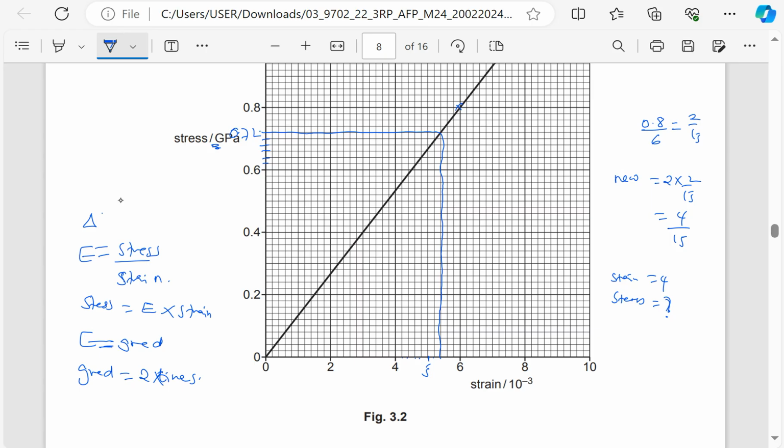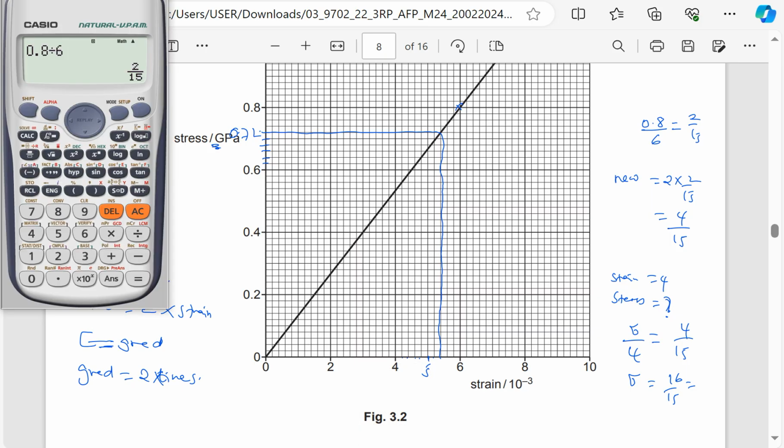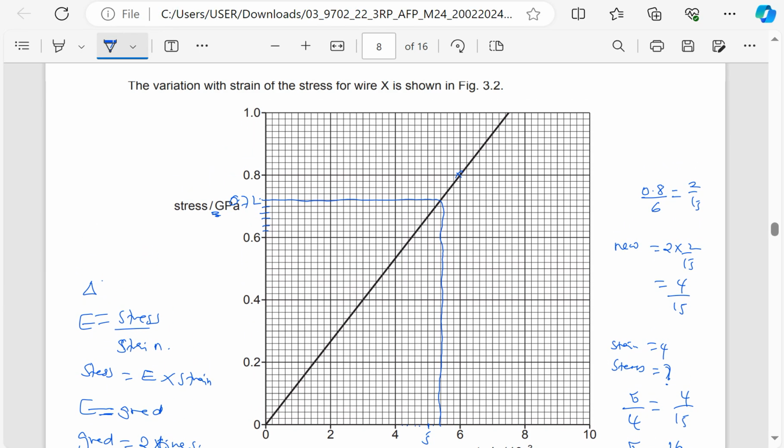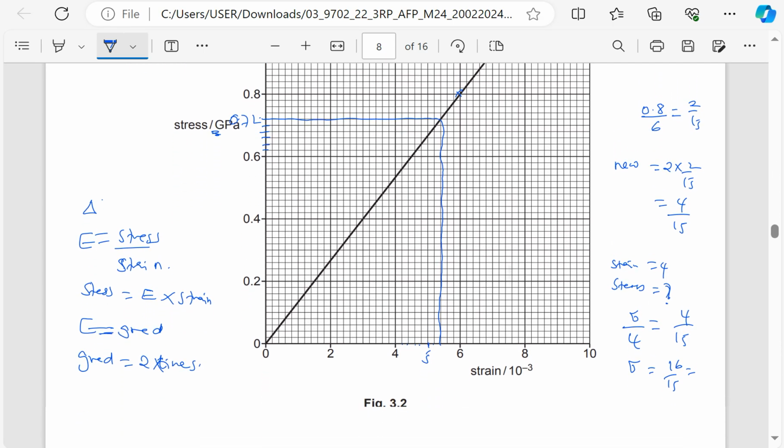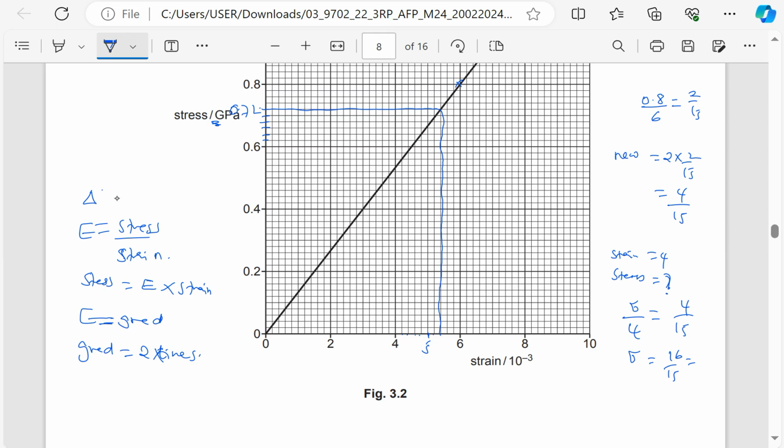So I'll say the unknown stress divided by 4 should give us 4 over 15. So it means the stress is going to be 4 times 4, which is 16 over 15. So I'm looking for a corresponding point to see if I can put on the graph. So 16 divided by 15, that is 1.06. Let me check. It is too big. I can't have it on the graph. I'm going to choose another point. Let me check 2.